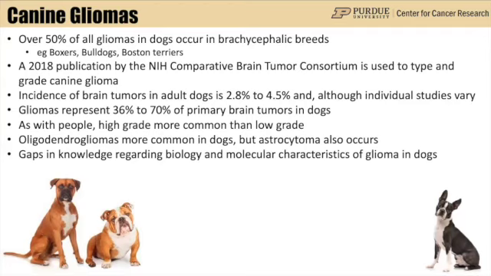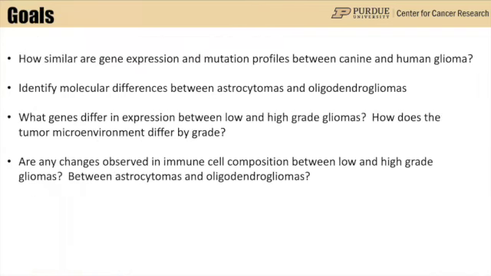And importantly, there are still a lot of gaps in knowledge regarding the biology and molecular characteristics of glioma in dogs. So what we wanted to do in this project was to look at how similar gene expression and mutation profiles are between canine and human gliomas. We also wanted to identify molecular differences between astrocytomas and oligodendrogliomas.